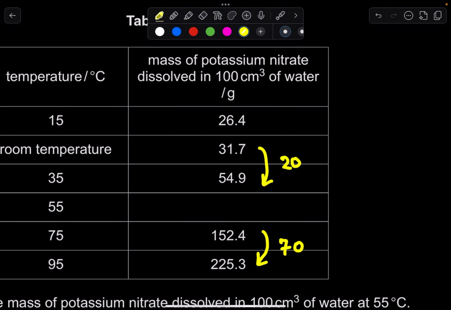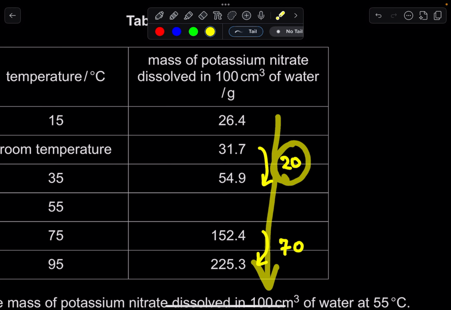So now you see what's happening. As you increase the temperature, the difference in the mass is increasing. Now look at the difference in the first two values.